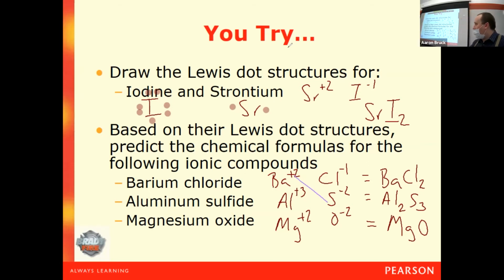If I wanted to look at barium and oxygen, it's +2 and -2. The formula is BaO. So this technique literally applies to any kind of ionic compound. If I know the ion's charge, I can figure out what the compound is and what its chemical formula is going to look like.